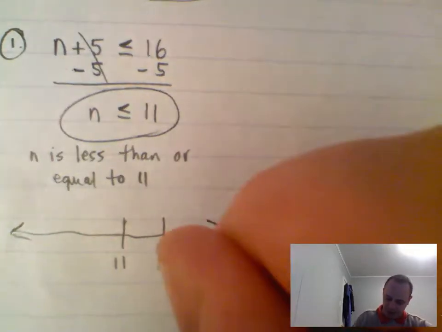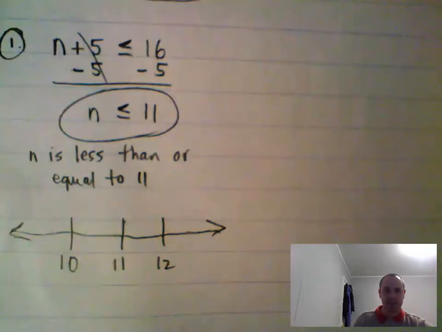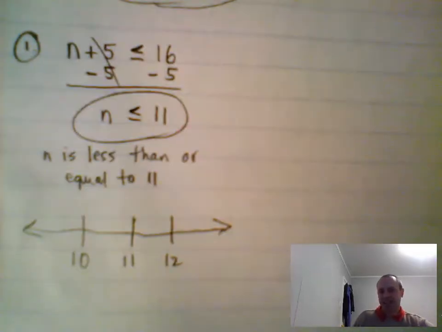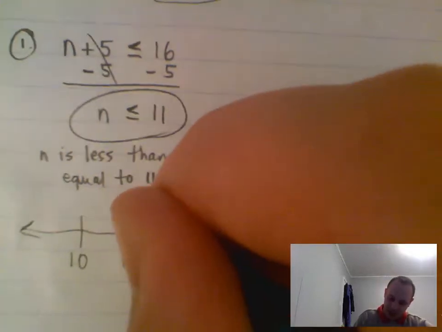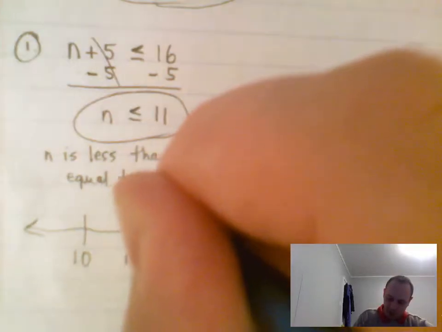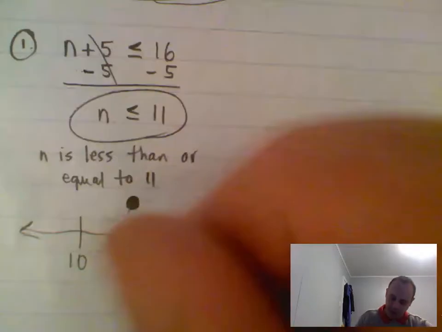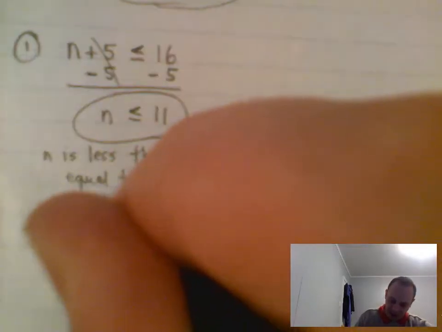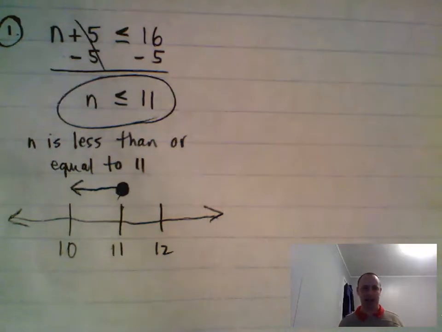And then let's put a number above 11, like 12, and a number below 11, like 10. And then if it's less than or equal to 11, well, it could indeed be equal to 11. So we got to fill in that circle because it could be that one spot, but it could also be less than. So it's going to go that way because it could be 10, it could be 9, it could be 8.